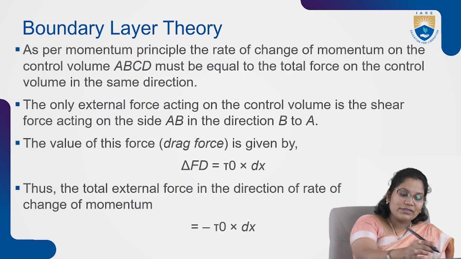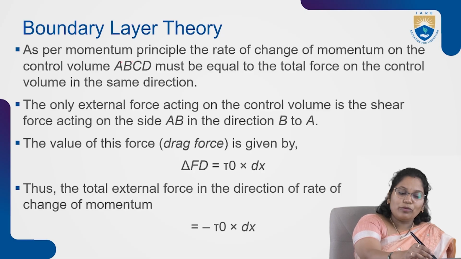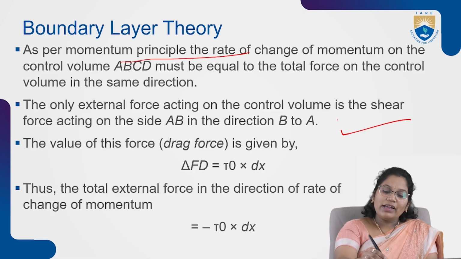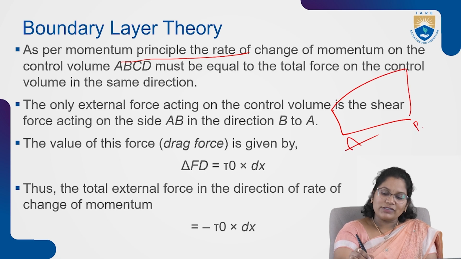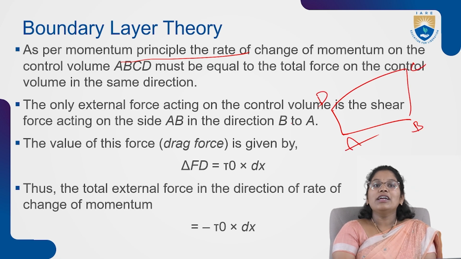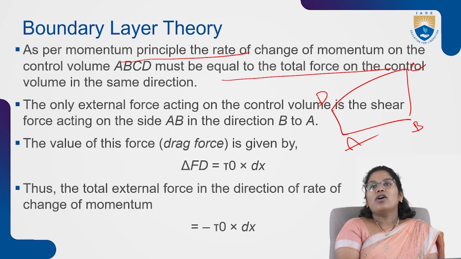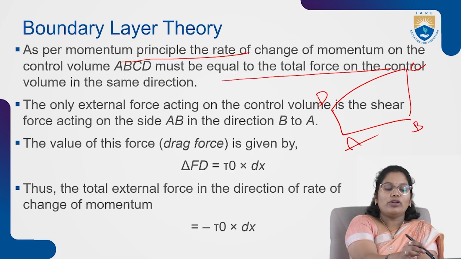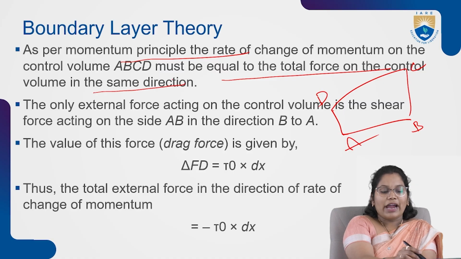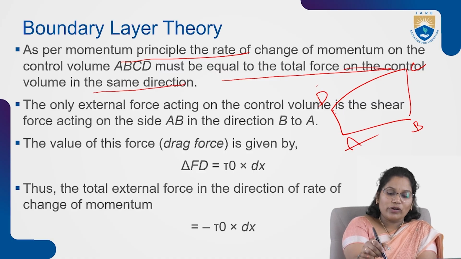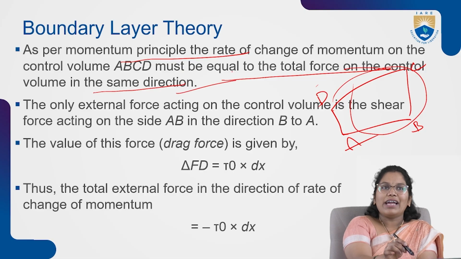So from this, as per the momentum principle, the rate of change of momentum on the controlled volume ABCD must be equal to the total forces on the controlled volume in the same direction.